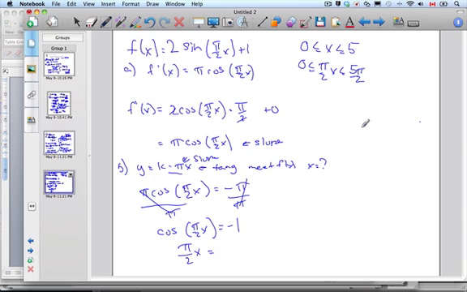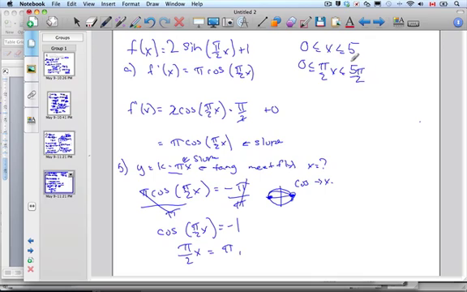Here's my angle, and I'm going to think about cosine on the unit circle. Cosine is my x coordinate. Here is positive 1, here is negative 1. So I have to go around to pi, and then to 3 pi.